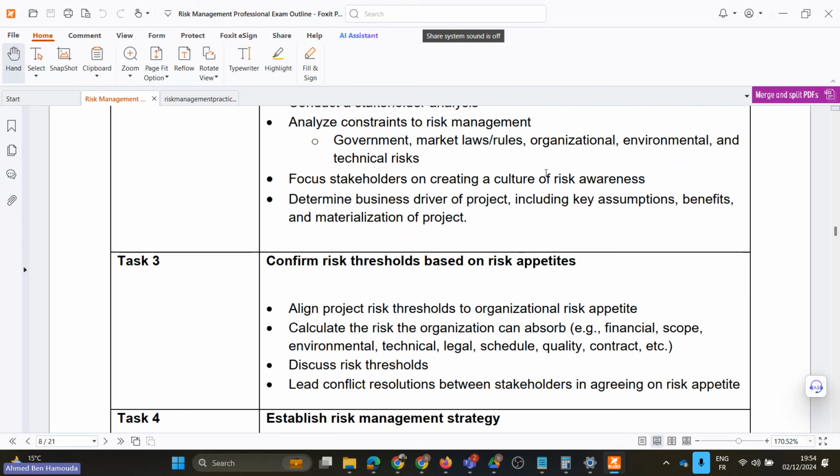It's impossible. The project manager cannot identify all the project risks by themselves. It's impossible. The project manager might be knowledgeable about risks in certain areas, maybe able to identify risks in certain parts or aspects of the project, but not all the project risks.